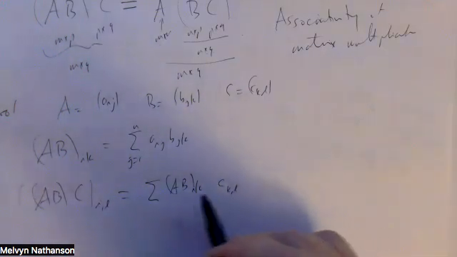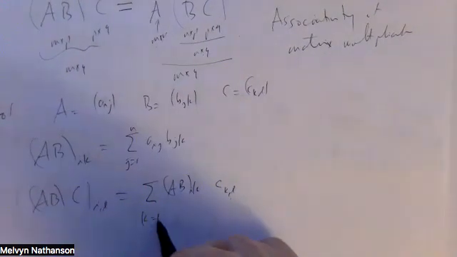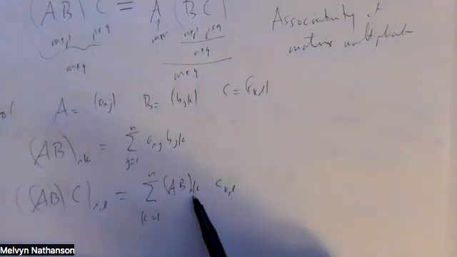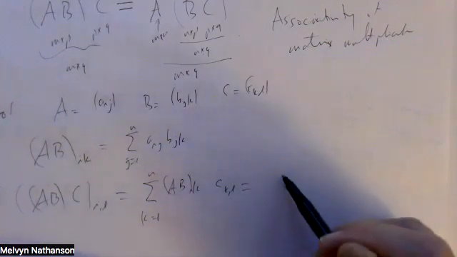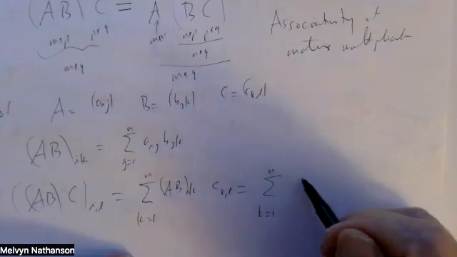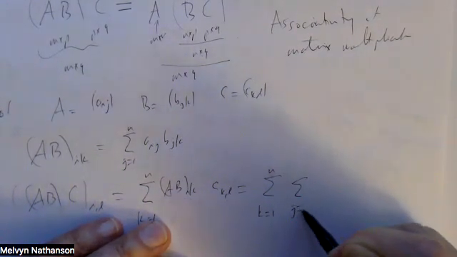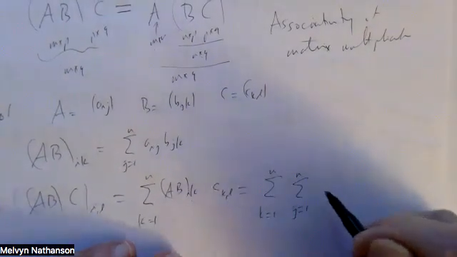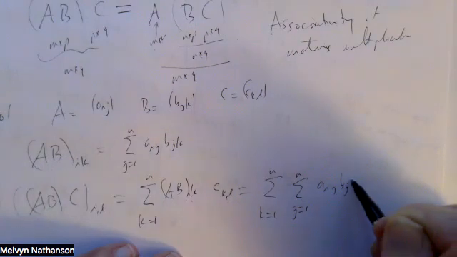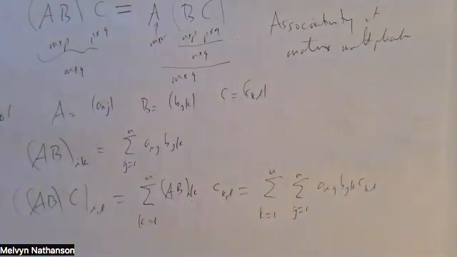This is the sum for k going from 1 up to n, the ik coordinate of AB, which is this. So this is summation, k goes from 1 up to n, of AB sub ik, which is summation, j goes from 1 up to n, a_ij, b_jk, c_kl.